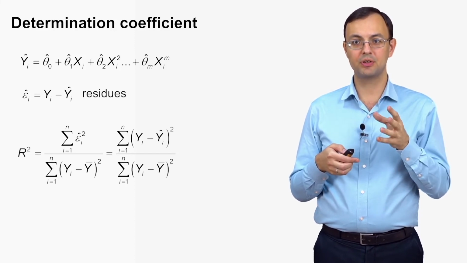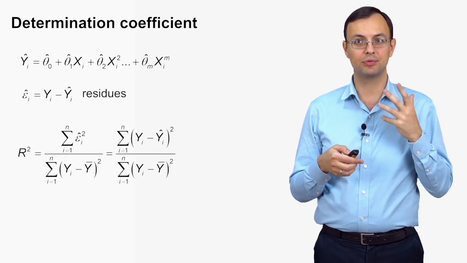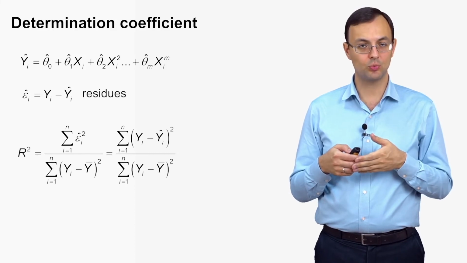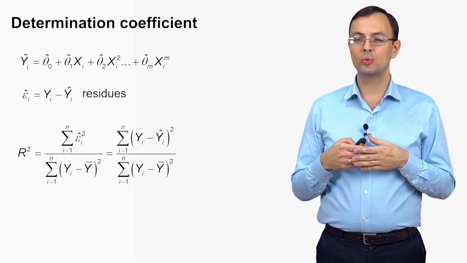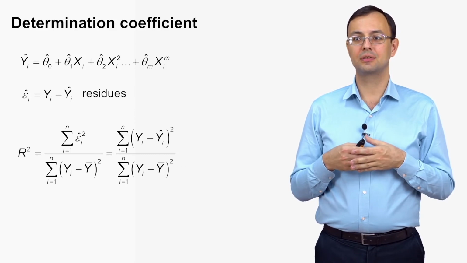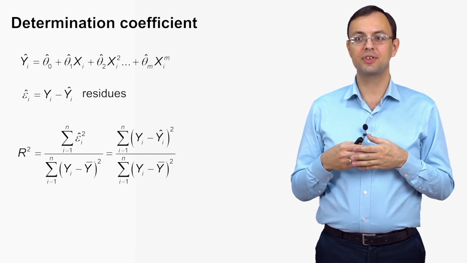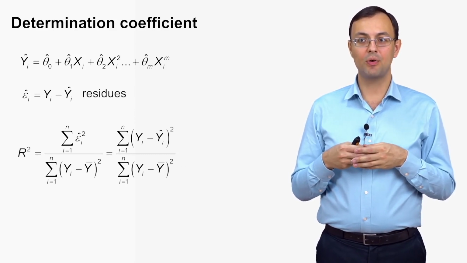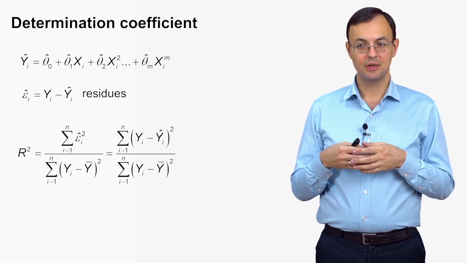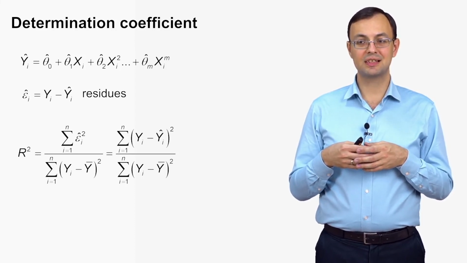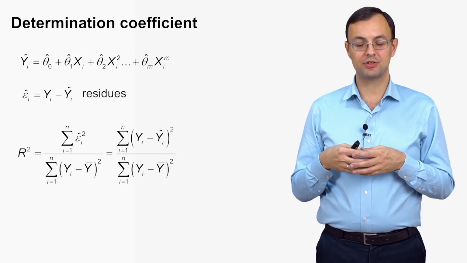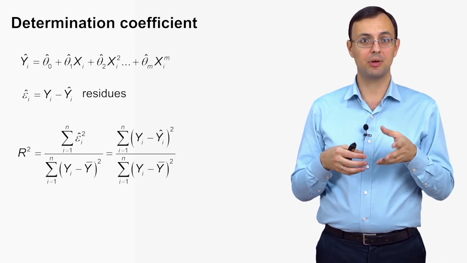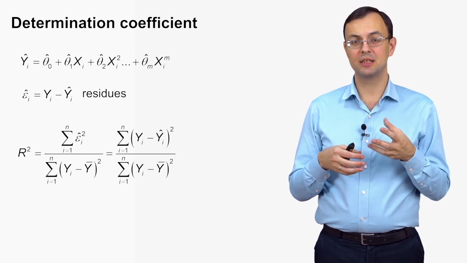And then you can calculate the determination coefficient. The standard symbol for the determination coefficient is r squared. And so the r squared is calculated according to this formula. This is the sum of squared residues divided by the sum of squared deviations of y's from y bar, from the sample mean.